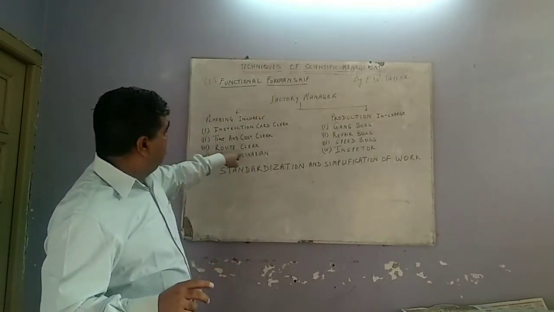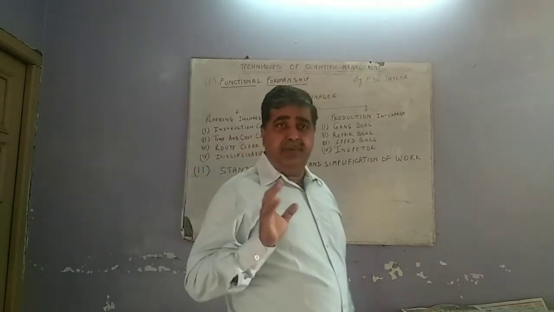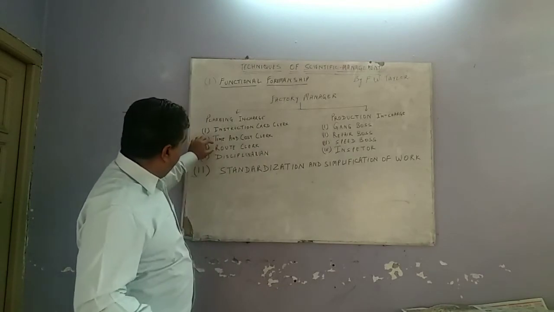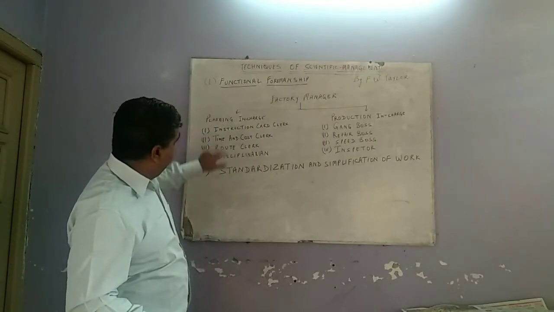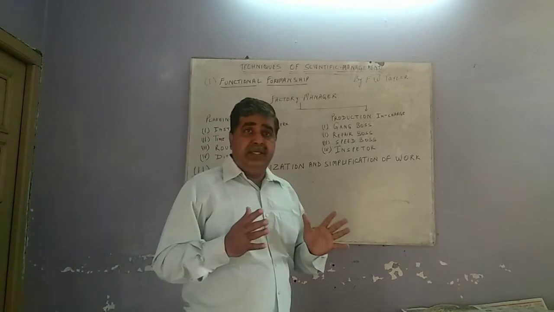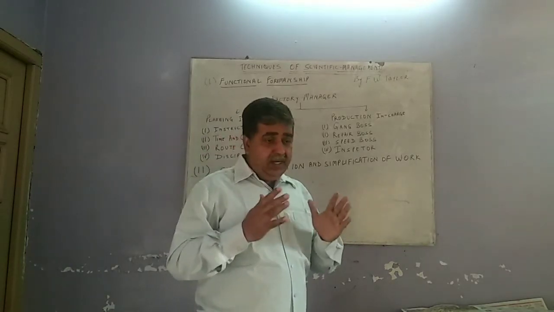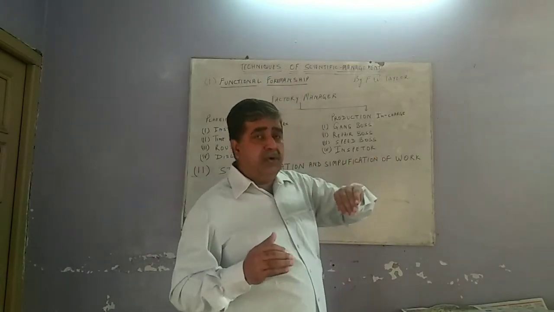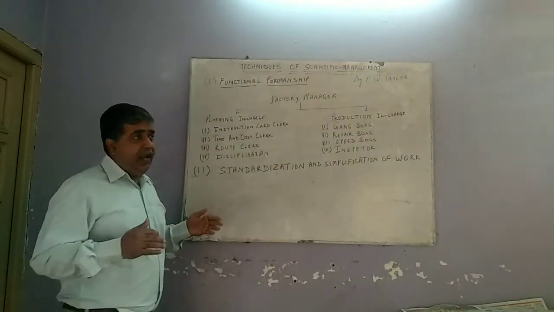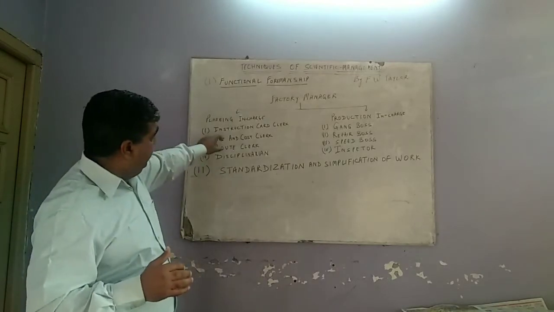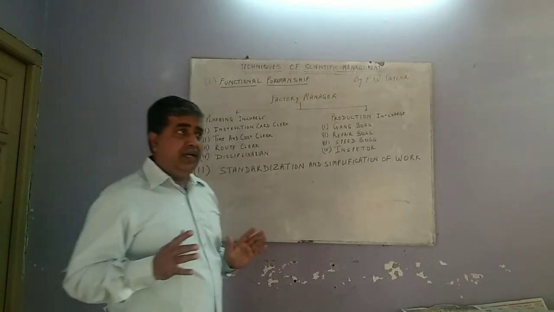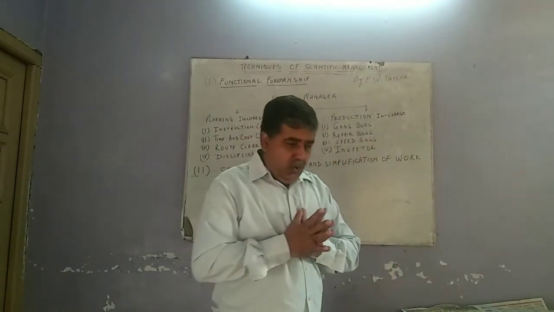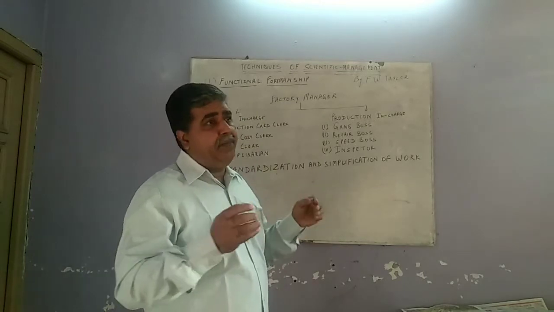So next is the route clerk. This is also one of the important clerks. This manager is to determine the route, the process, the way from where production will start and it will be converted to the final product. Dear students, you know that discipline means to follow the rules and regulations which are predetermined.